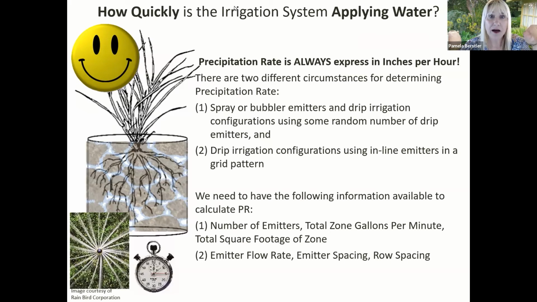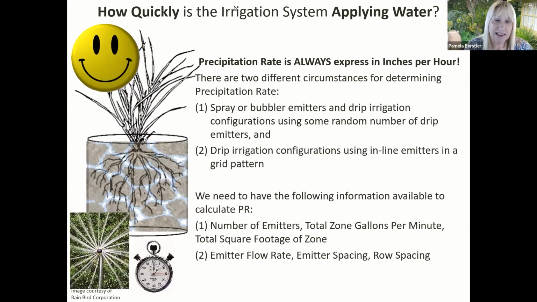There's no particular pattern to it. That's one scenario, and it's the same way to calculate whether it's spray or drip. There are some tricky things to convert from gallons per minute to gallons per hour, but we'll get to that in a second.